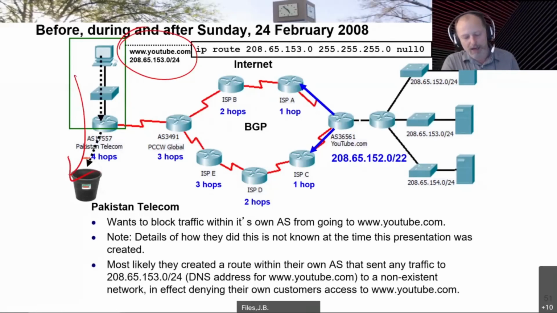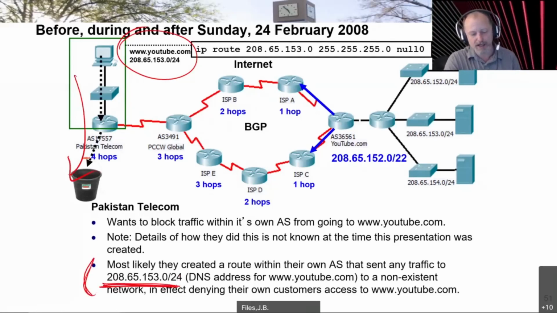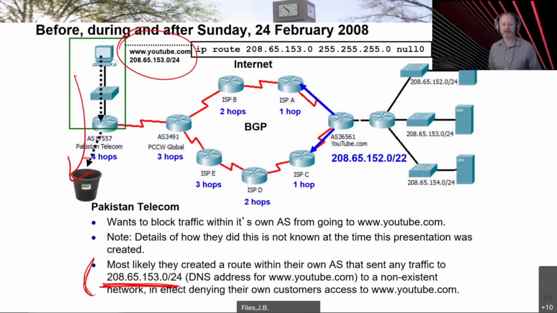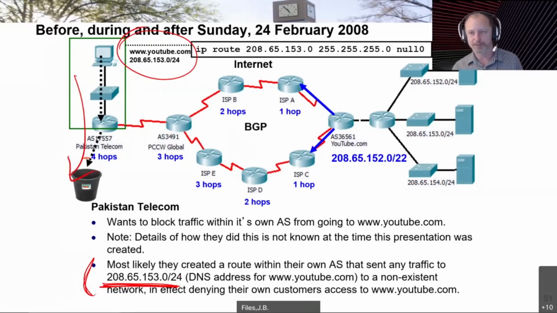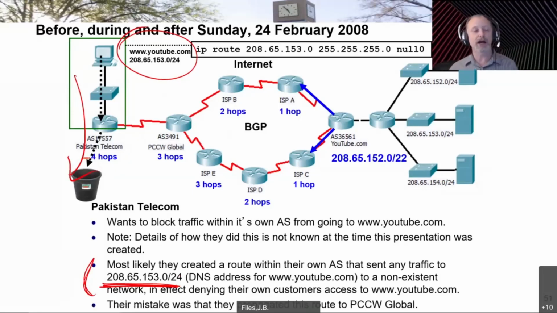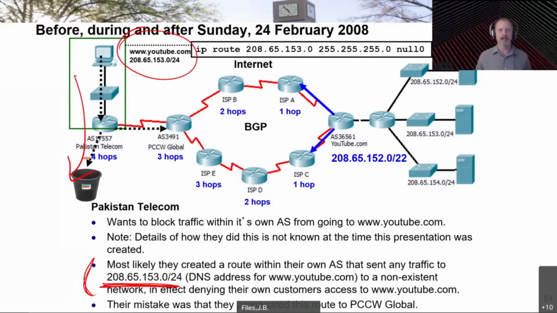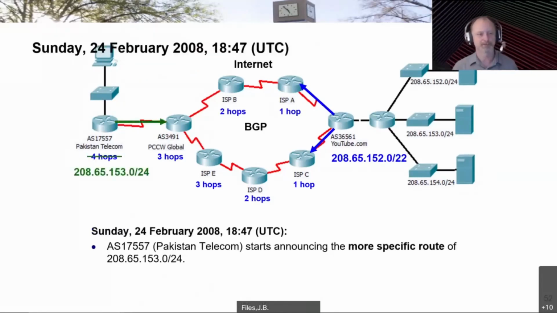So what we think is they created a rule here that sent traffic to a non-existent network, okay? But they then propagated that path to their upstream provider, which then advertised that route to everybody else, okay?